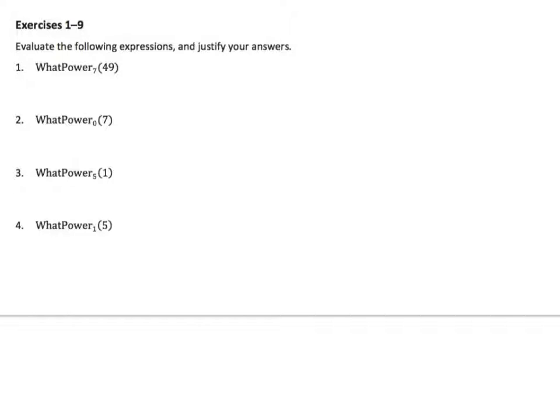There's really no change with the exercises we're going to do, except I'm not going to write them. What power base 7 of 49? So 7 to the what power equals 49. We're still doing 2, because it says justify your answer. 7 squared equals 49.